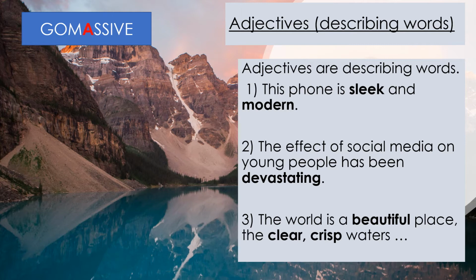Once again, I've tried to use that adjective there to add a little bit more detail, and I've deliberately chosen that word, devastating, to conjure up this painful image. Number three, the world is a beautiful place, the clear, crisp waters. You don't want to go over the top with your adjectives, but you do need to include them in order to help support the imagery that you're trying to create when describing or telling a story.